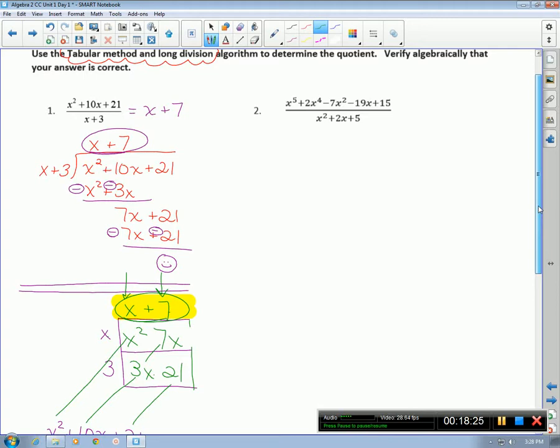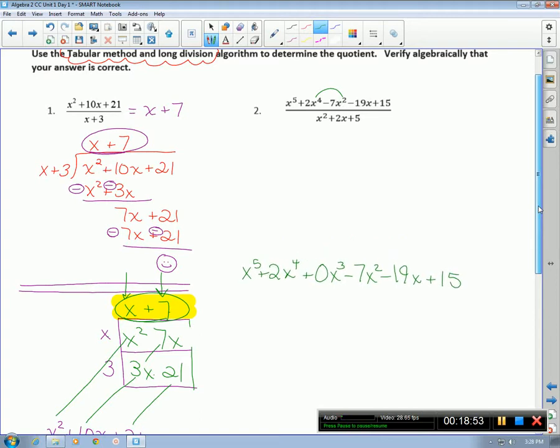I have x to the 5th plus 2x to the 4th. And then notice it skips to x squared. So remember, we ran into this. We really want to put that 0 term in there. So 0x cubed minus 7x squared minus 19x plus 15.